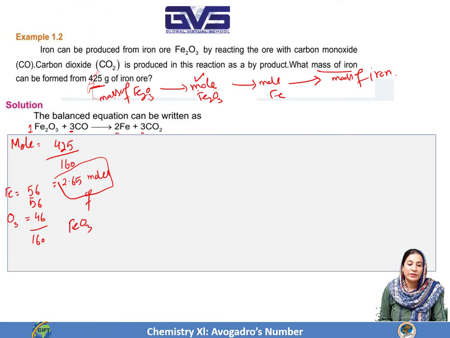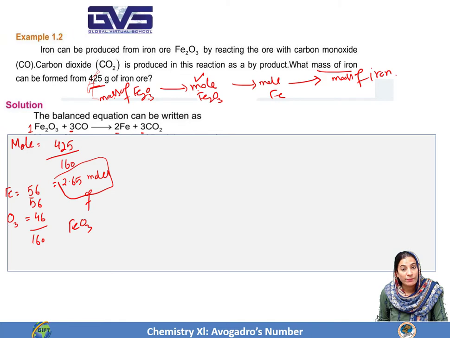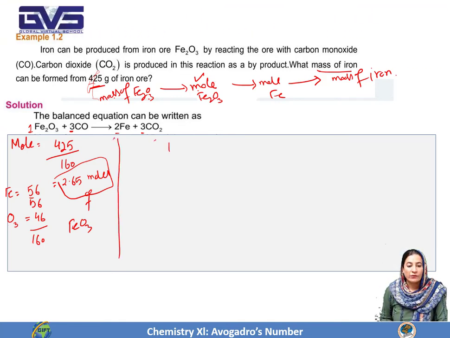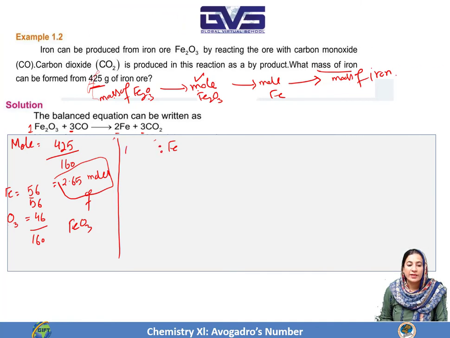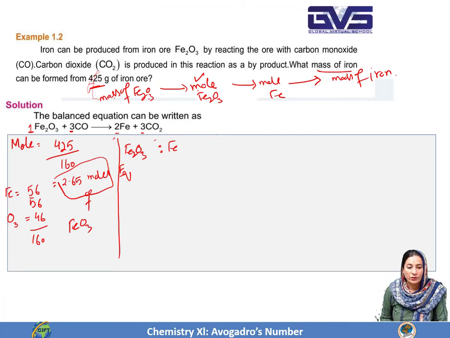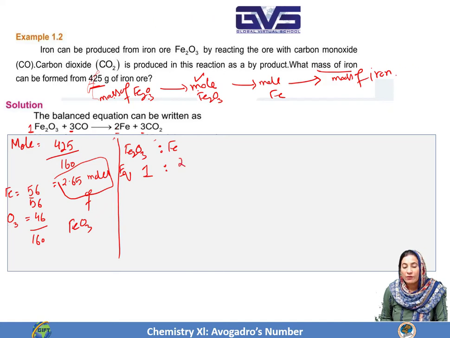With the help of its moles, find the moles of iron using the balanced chemical equation. So second, you have to find iron moles with the help of iron oxide. First of all, from the equation, when 1 mole of iron oxide is consumed, then 2 moles of iron are formed.